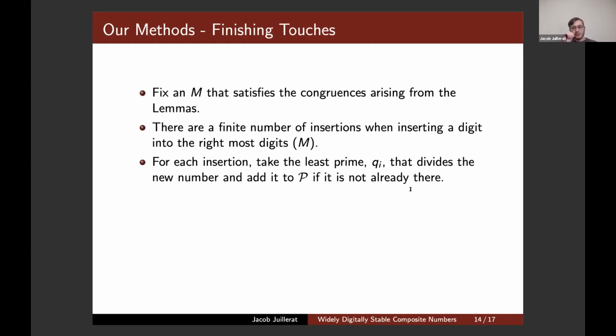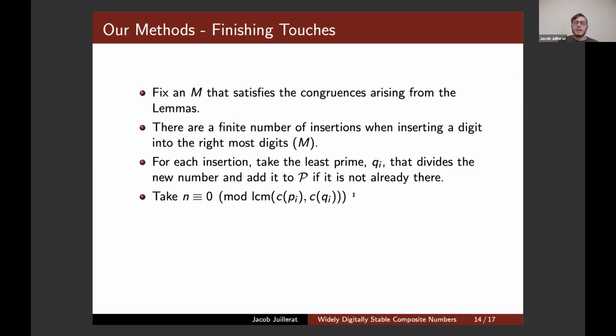The problem with doing that is if the number itself was prime, then that insertion would result in a number larger than capital N. So we need to make sure that capital N is larger than this least prime. So we're just going to make it larger by letting little n be congruent to 0 mod all those LCMs that we had before, and we now just tack on this new order of 10 mod this prime.